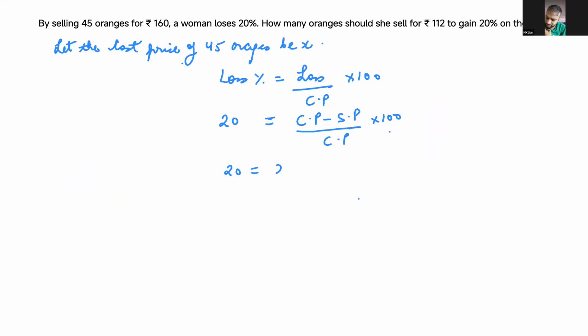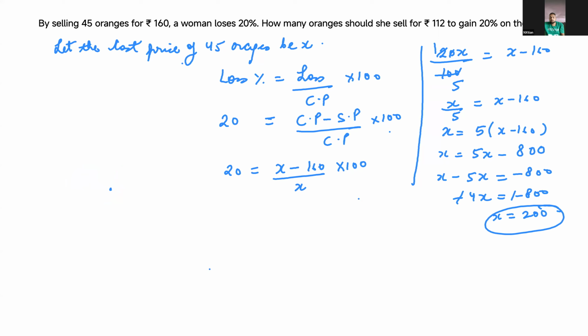So it means that I got 200 rupees as the cost price for 45 oranges. Now I have to find the cost price for one orange. The cost price for 45 oranges is rupees 200, so the cost price for one orange will be 200 by 45.